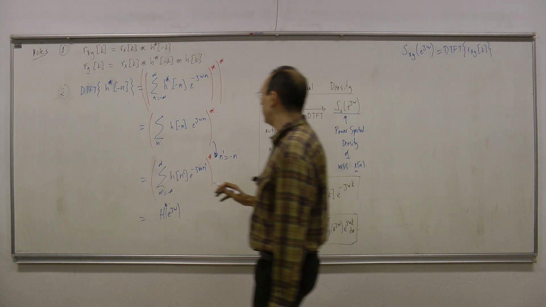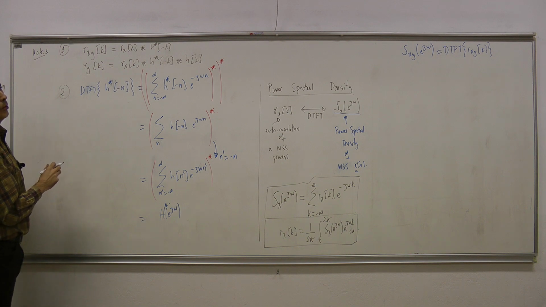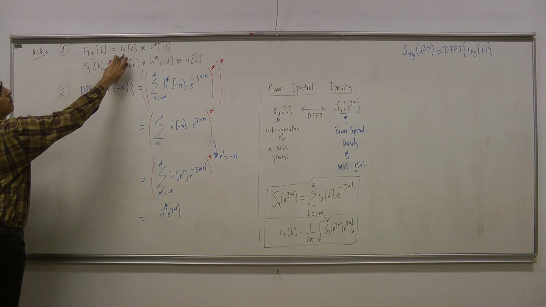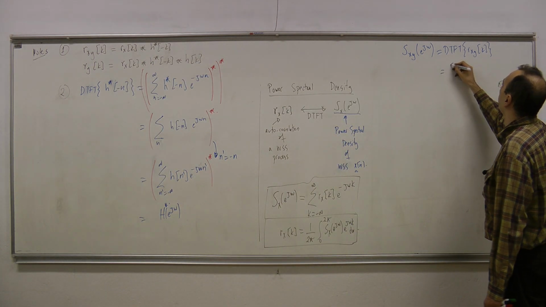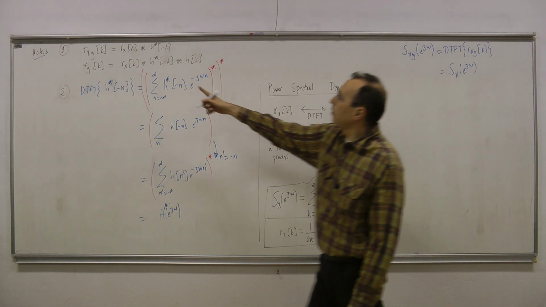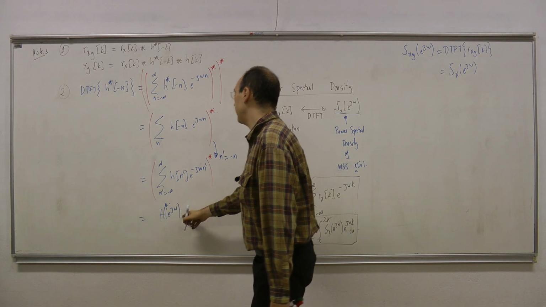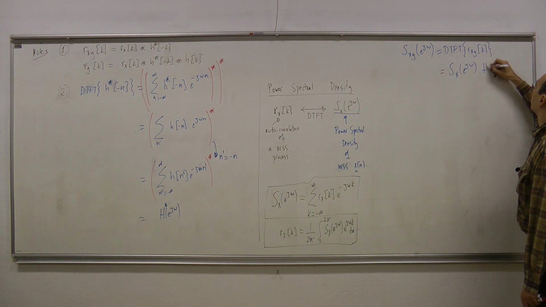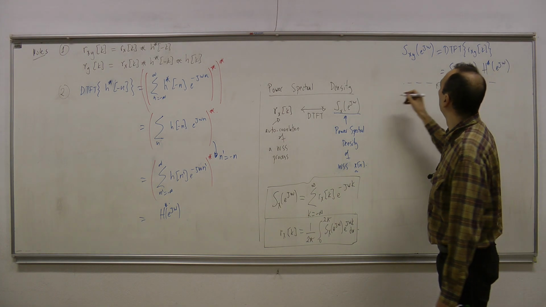Let's say this is just a mathematical tool for our purposes. For now, I will explain the physical meaning of this later on. So it is the DTFT of this, which is Sx e to the j omega, the Fourier transform of this, times the Fourier transform of this one. Okay. So this is number one.